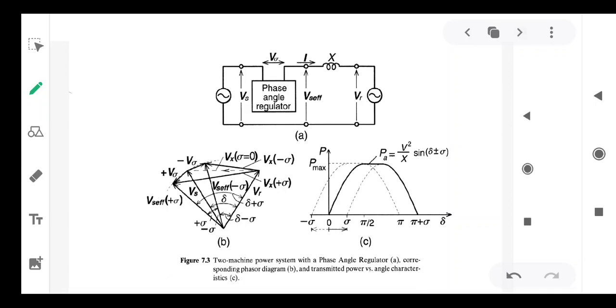So let us have phase angle regulator which is in series with the line. This is the sending end which is having voltage Vs. This is the receiving end which is having receiving end voltage Vr. This is the line reactance X. This is the V sigma provided by the phase angle regulator.